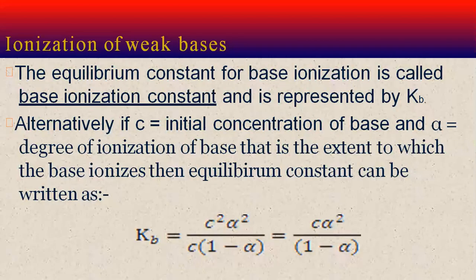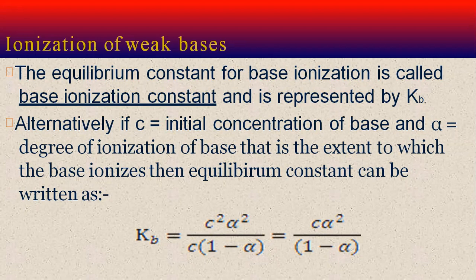Now we'll talk about the ionization of weak bases. The process is the same as we have done just 10 minutes before. So with that formula, Kb, the process is the same. Initial concentration C for the reactant, for the product zero.